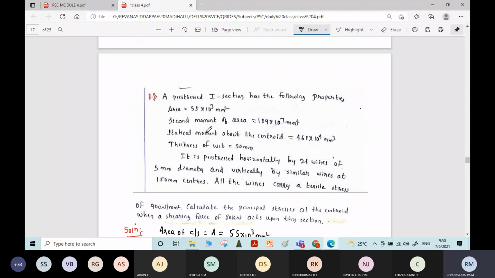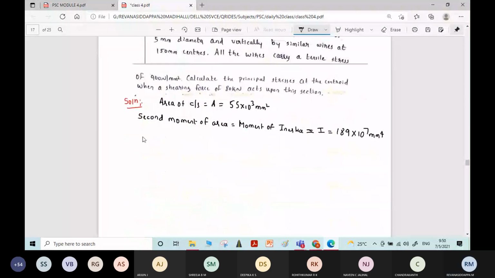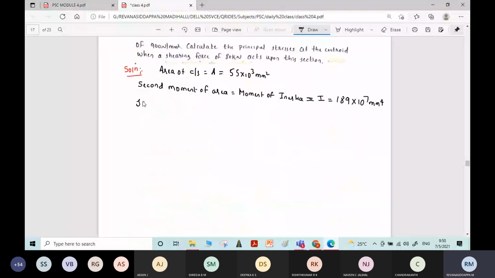Then, static moment about centroid, which is nothing but A Y bar, is equal to A Y bar.